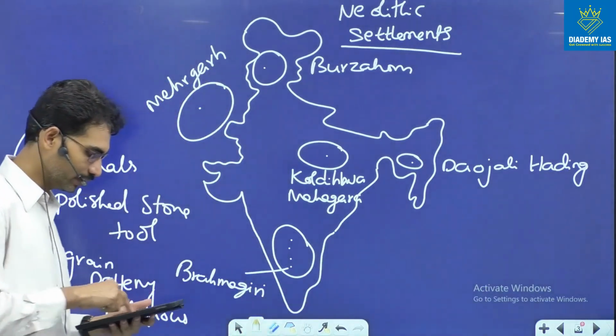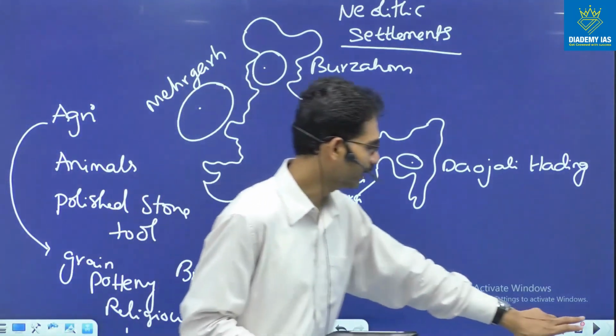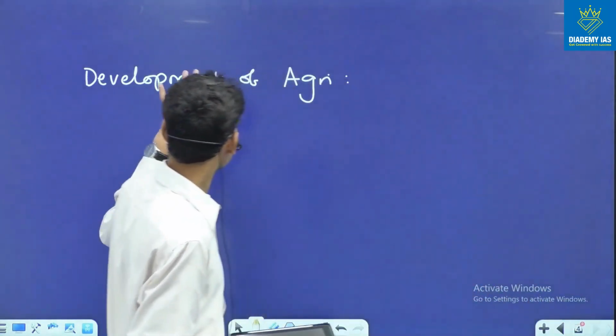First heading is development of agriculture.